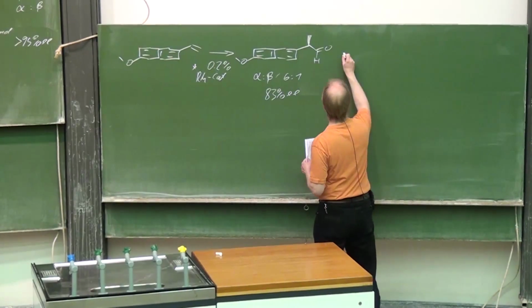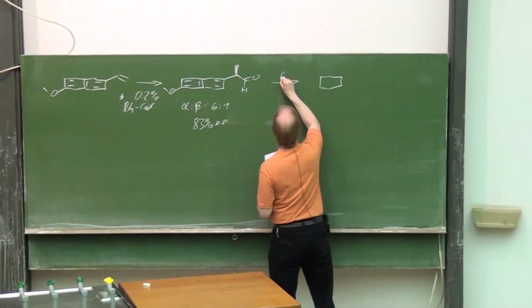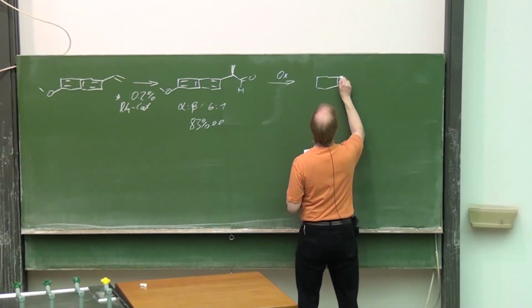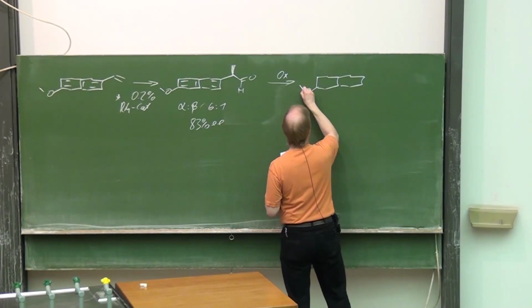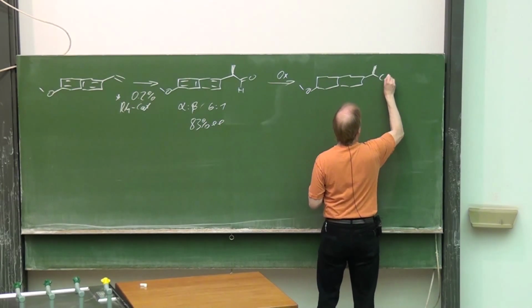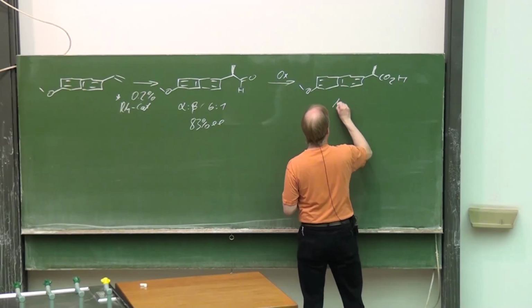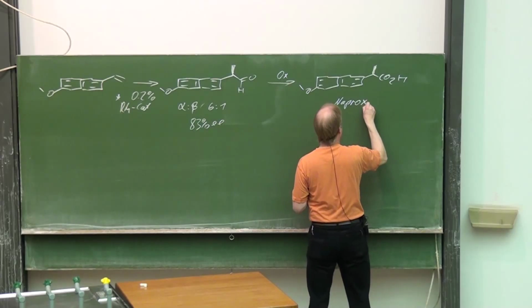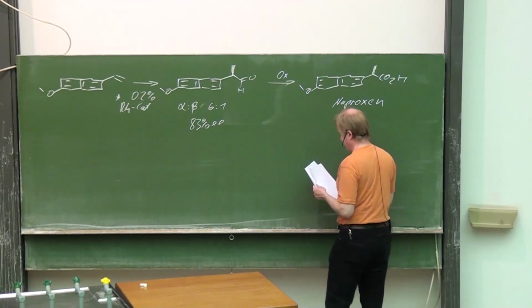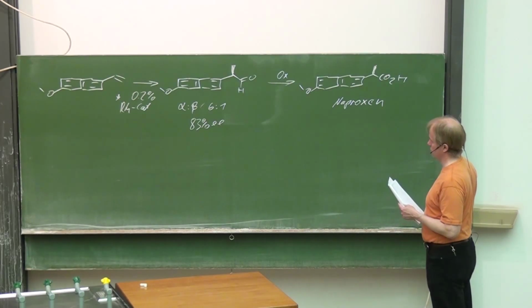So why is this interesting? Because you could oxidize that to get to the corresponding carboxylic acid. And this is naproxen, an anti-inflammatory drug, which is rather important.